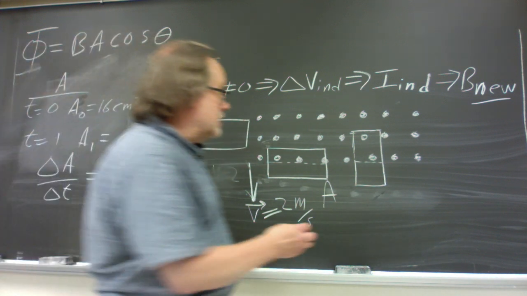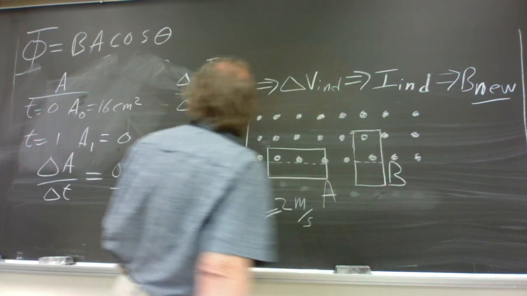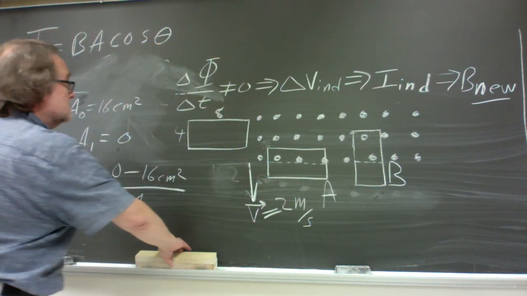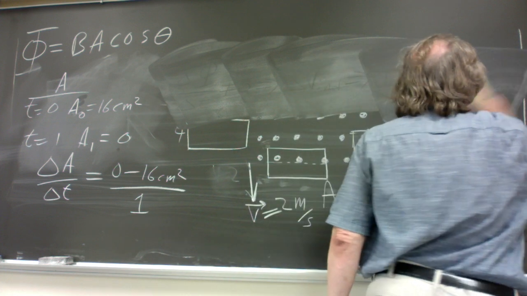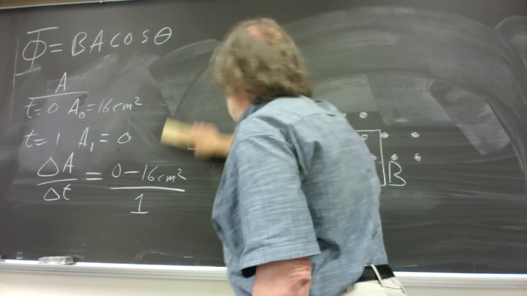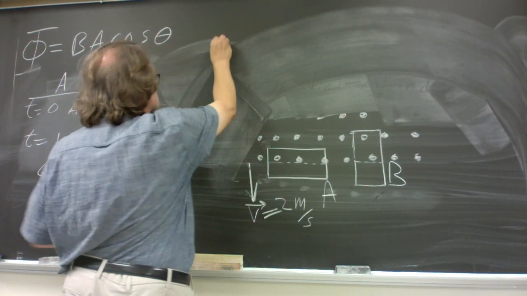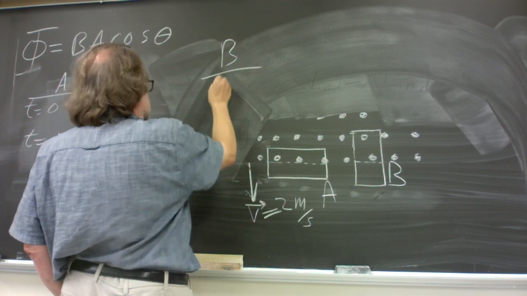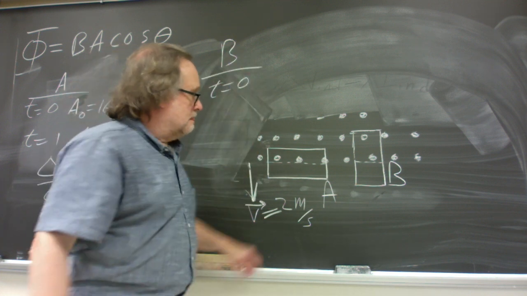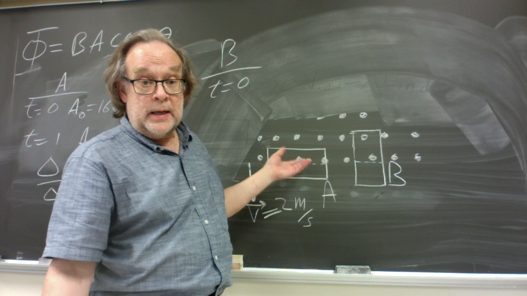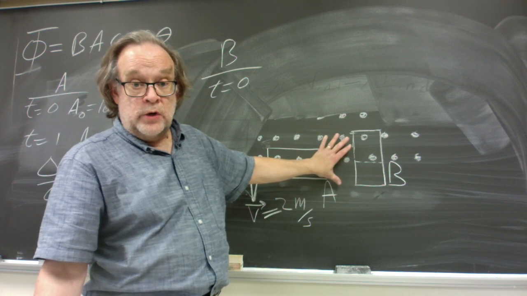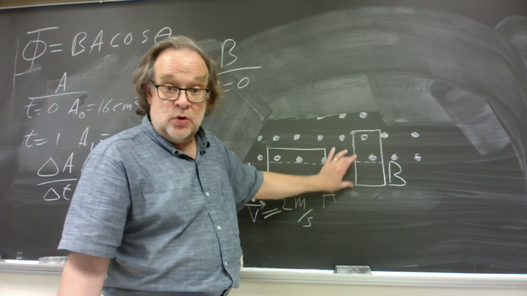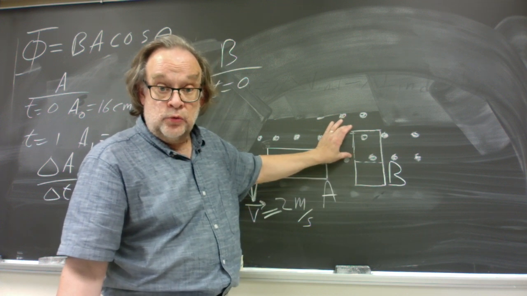Now for loop B, let's do the same thing. At time 0, just like in the case of loop A, the loop is in this location, so half of it is out and half of it is in the field region.